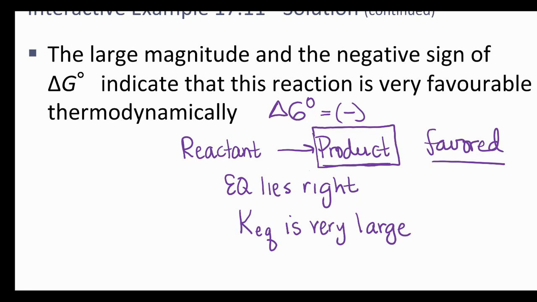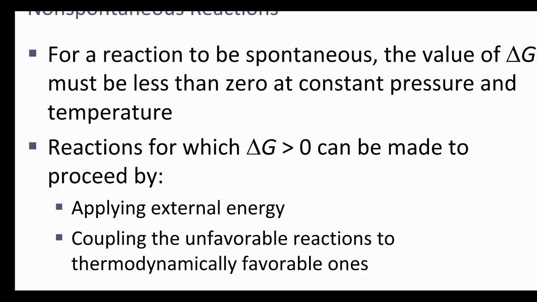Okay, now as we think about this, there are going to be reactions that are not spontaneous. So the opposite is true, that delta G naught is positive, and that means that those are reactant favored. And those reactant favored ones, the K equilibrium is much less than 1.